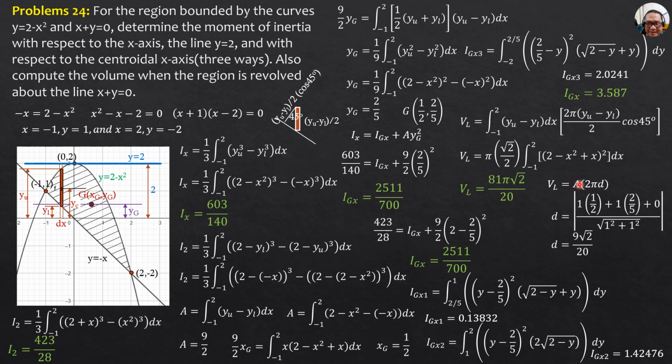Then finally, because the area is known, 9/2, so 9/2 times 2 pi d, cancel 2, then 9 d is this. So therefore, it is the same as that, 81 pi square root of 2 over 20. So that's it.